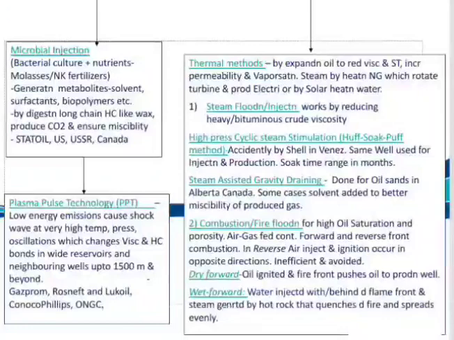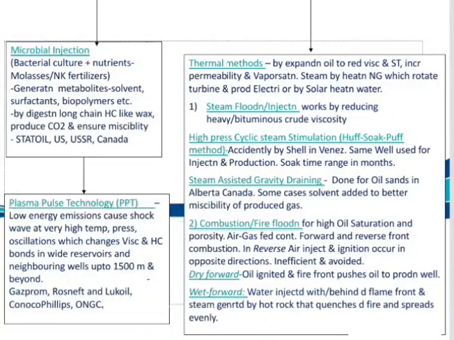These injected microbes function by digesting the long chain hydrocarbon molecules like wax and breaking them into smaller molecules, and in the process produce carbon dioxide as a byproduct. Now this carbon dioxide ensures miscibility and functions like a miscible gas injection.